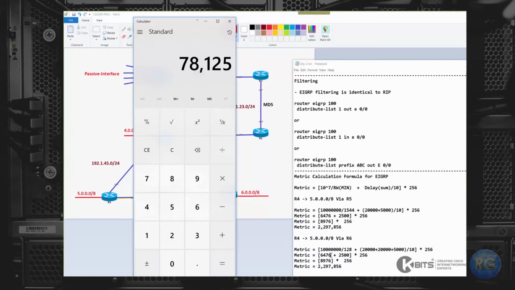So this number is 78125 plus 4,500. Why 4,500? 20,000, 20,000, 5,000 is 45,000 divided by 10, 4,500. So if I add 4,500 to it, you get 82,625 multiplied by 256. And that's what your metric calculation is.